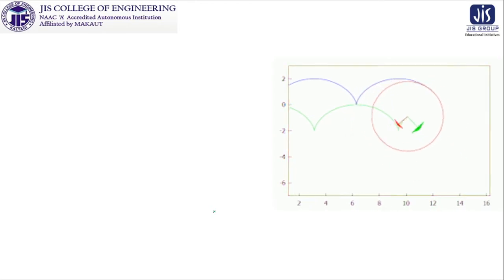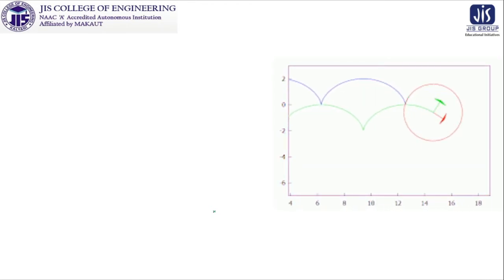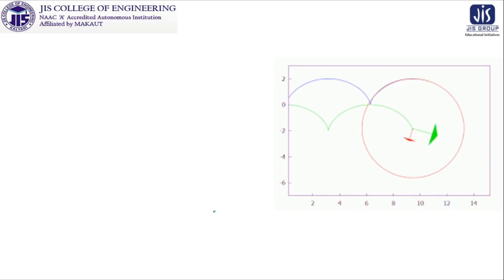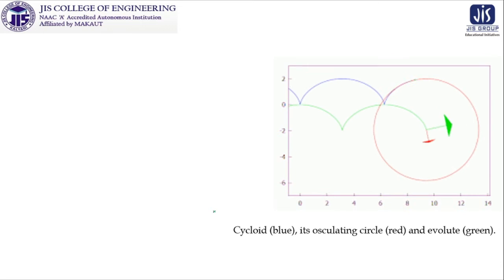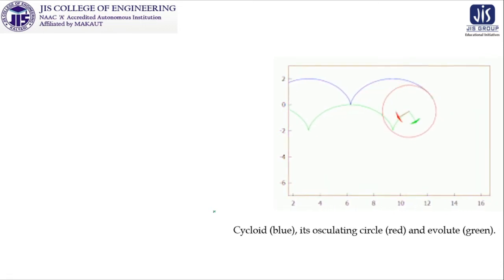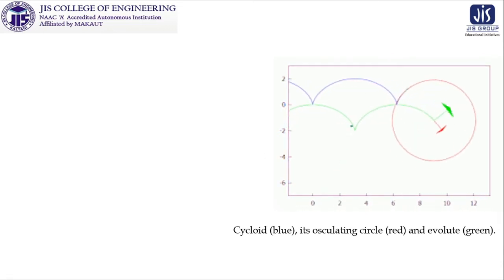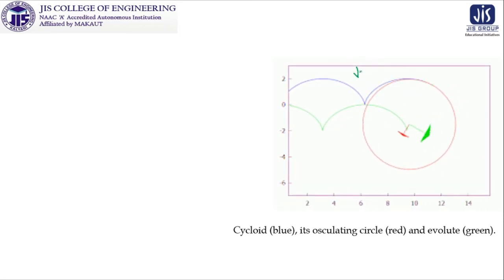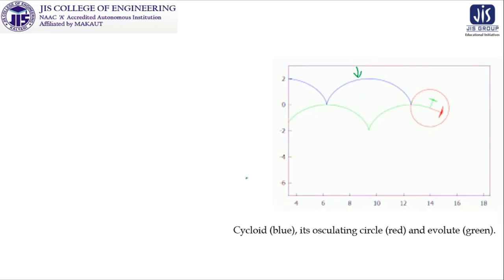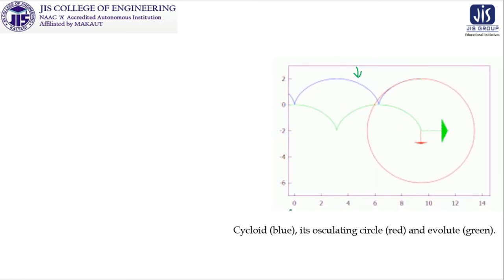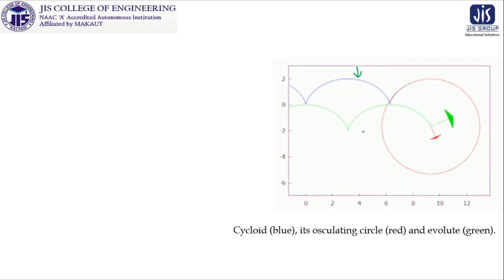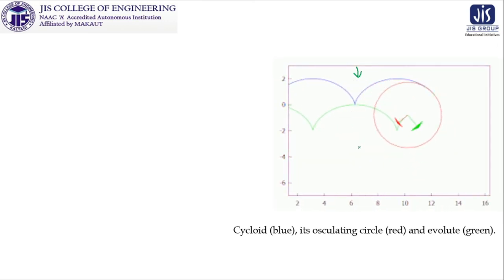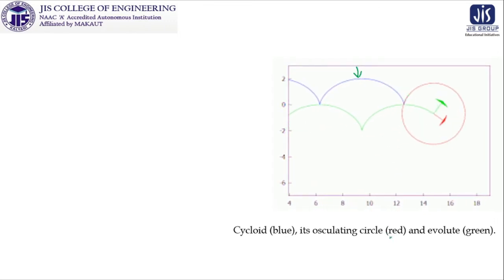So if we proceed further, we will get a very beautiful diagram, and this diagram is also taken from Wikipedia. Look at this. It is actually a dynamic presentation of three things. First of all, you are taking this blue structure. This is the expression of a cycloid, okay? And then the red one, that means at each and every point of this blue curve, you are drawing the osculating circle, and the osculating circle is in the color red.